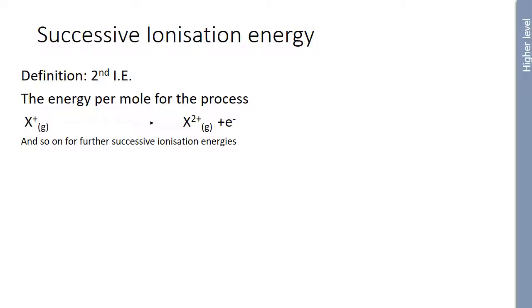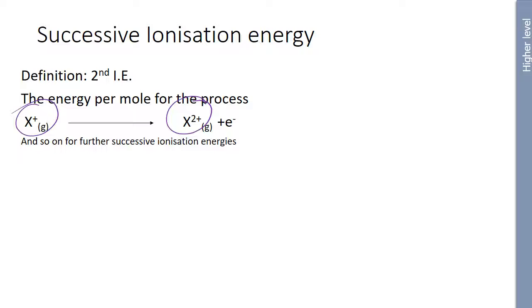Another aspect of ionization energy is successive ionization energy. We remove one electron and then we can also remove subsequent ones, successively. So here is our ion. We're now going to remove another electron to make an X2+ ion. That's known as the second ionization energy.